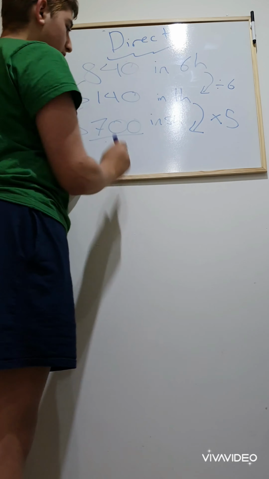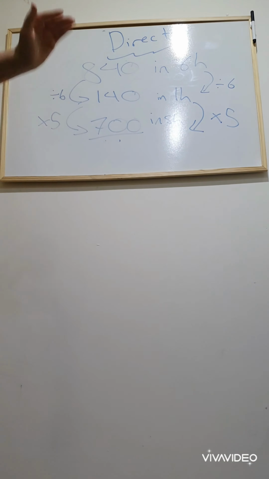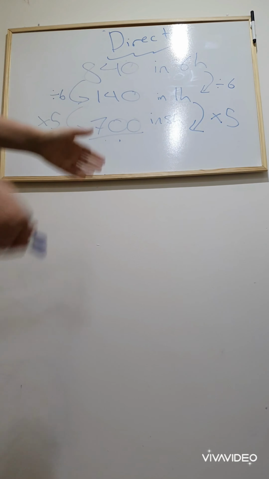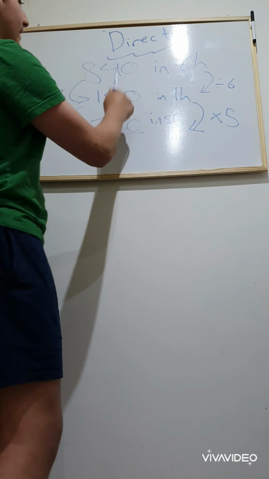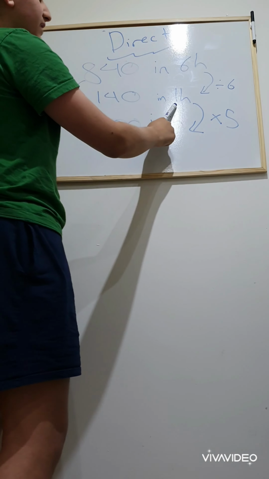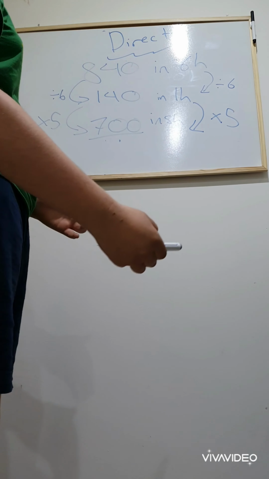So 700 bottles is your answer in 5 hours. Okay, why did we do this? This is what you call a direct proportion. Because if you divide 6 hours, you have less bottles. If you times an hour by 5, you have more bottles because you have more time.